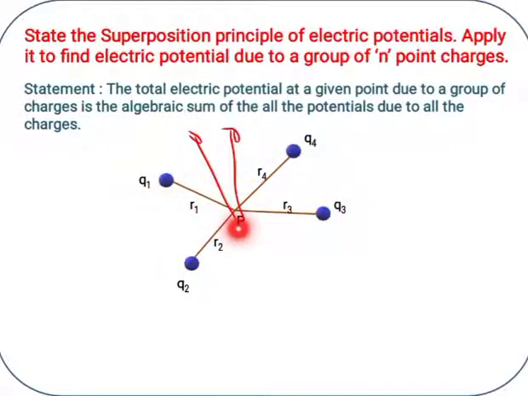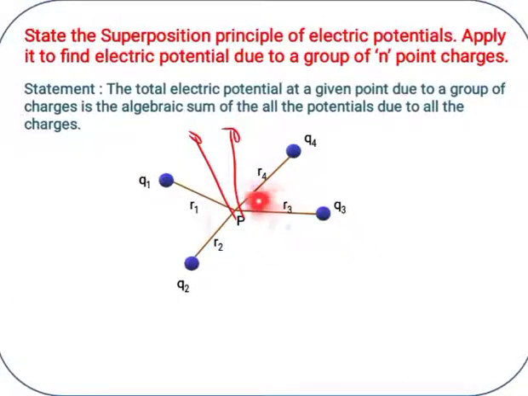From the point P to the charge Q1, the distance is R1. Whenever we say consider a point, there is always a charge, but the magnitude is negligible, maybe 1 coulomb. So we mention only a point here, not a charge value, or some other notation.